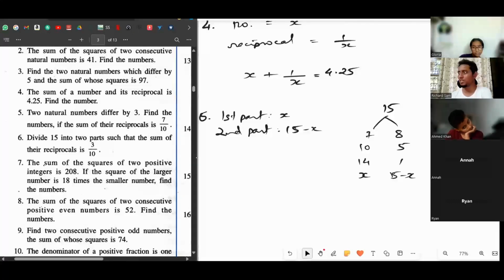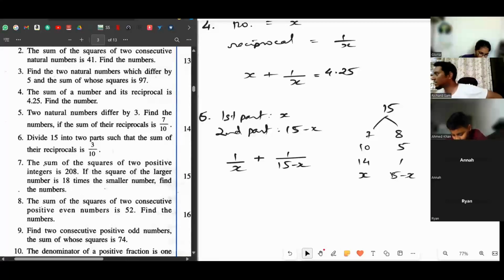I did the hard part for you. Tell the easy part. The sum of their reciprocals. Sum means addition. Addition of what? Addition of first number and second number. Reciprocal. Tell him, Leah. 1 upon x plus 1 upon 15 minus x.